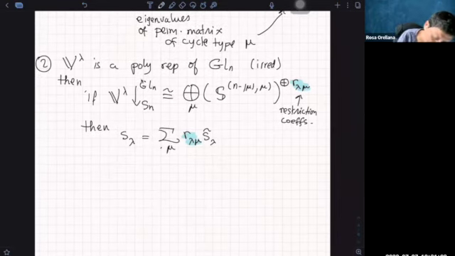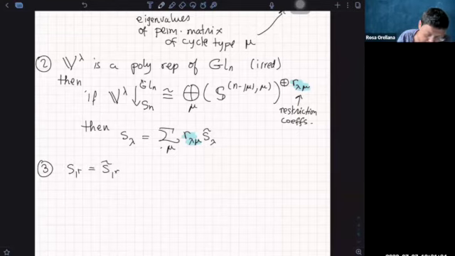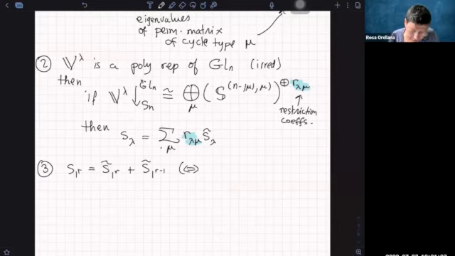Then the third part of our theorem in our paper is that these bases are also characterized by two conditions: S 1^R equals S tilde 1^R plus S tilde 1^(R-1), which is the same thing as saying that S tilde 1^R is equal to the sum of (-1)^i e_(R-i).